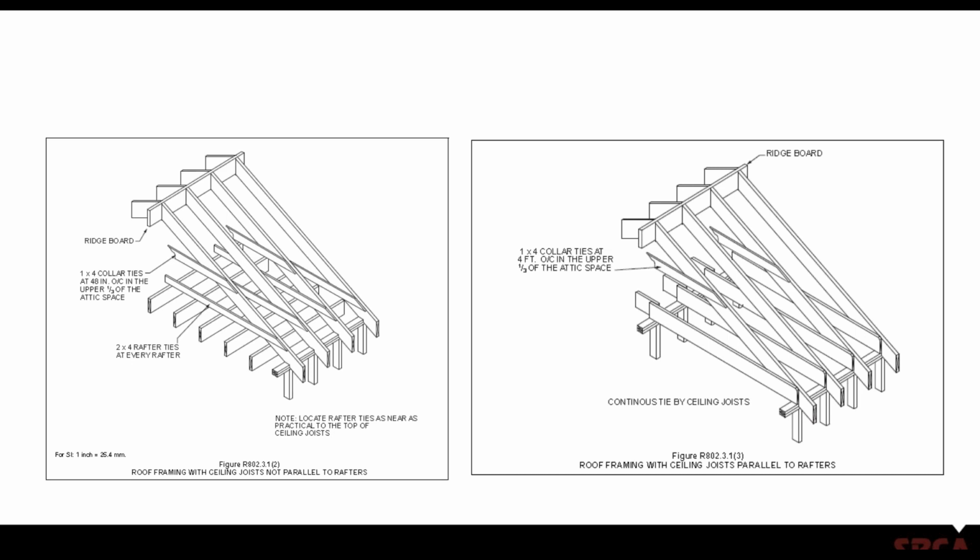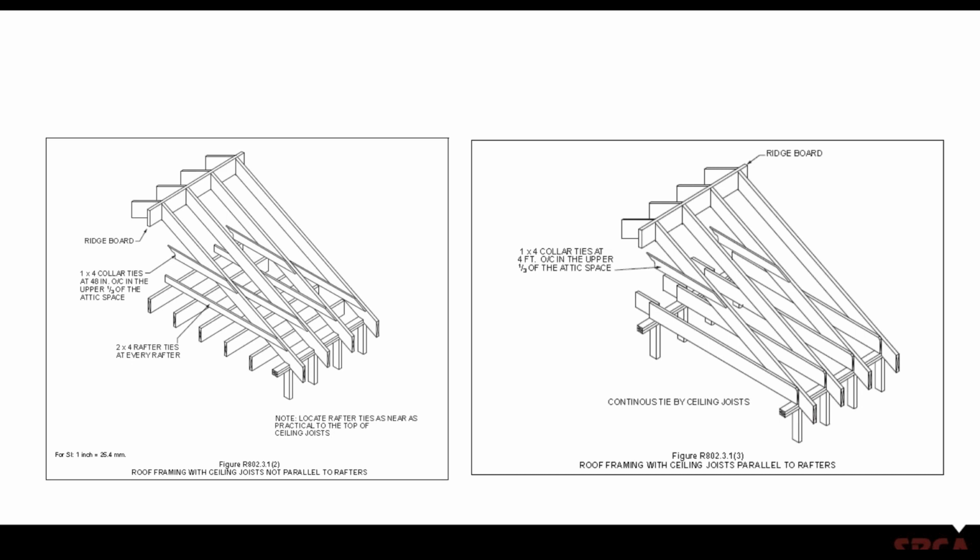So what's going to happen is that the ridge board is not structural, so the rafters are pushing against it, and that's going to create a thrust at the bottom, which ideally is going to be taken out through the ceiling joists, which are basically right at where that rafter meets the bearing elevation.